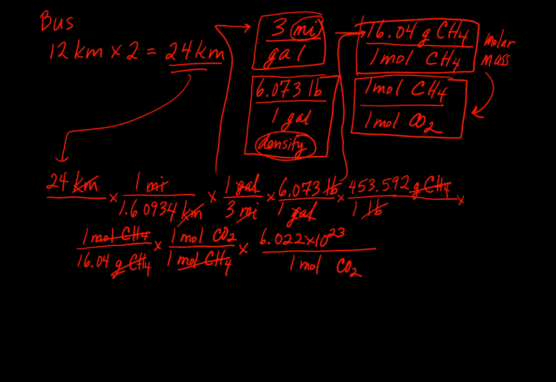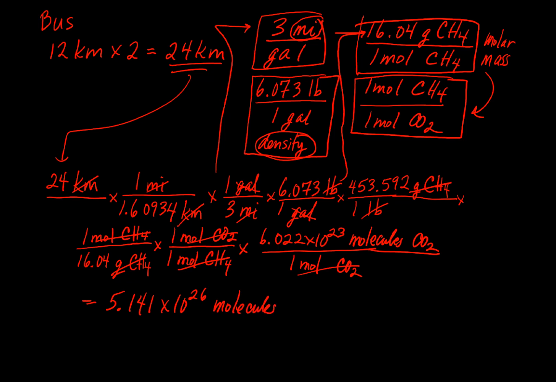So what you can say is you have 6.022 times 10 to the 23rd molecules of CO2 per 1 mole of CO2. So moles will cancel out, and you're finally left with molecules. So what you'll get is 5.141 times 10 to the 26th molecules.